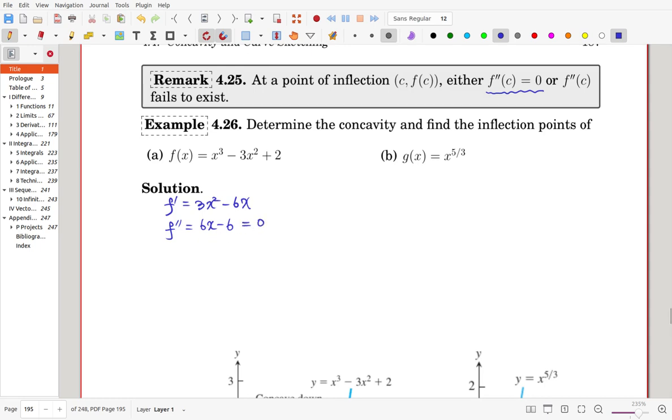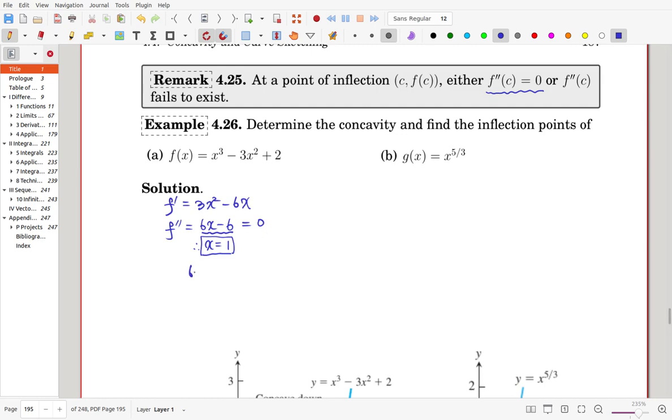Once it is 0, then we can say that x equals 1. And on the left-hand side of 1, the value is negative, so it's concave down.